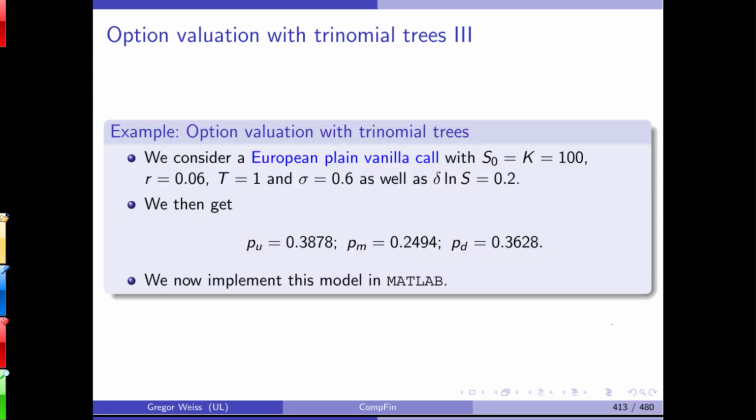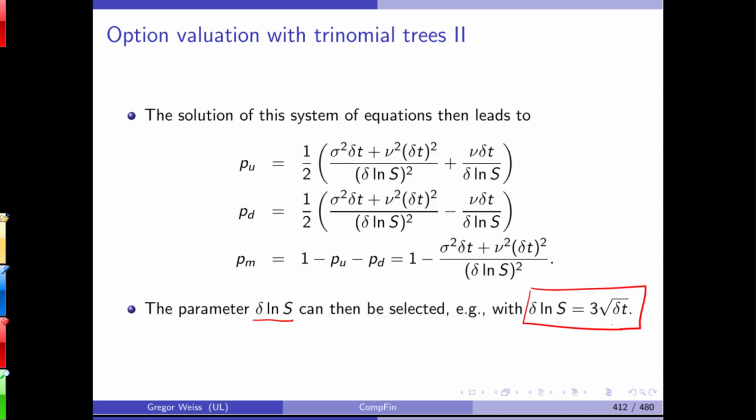It's actually not very interesting, but I want to show it to you in MATLAB. You only need to program these three quantities. The basic idea is still the same. Start with the terminal values of the option in the last row of this triangular matrix, and then work yourself backwards through the matrix using these three probabilities and a continuous discount factor.